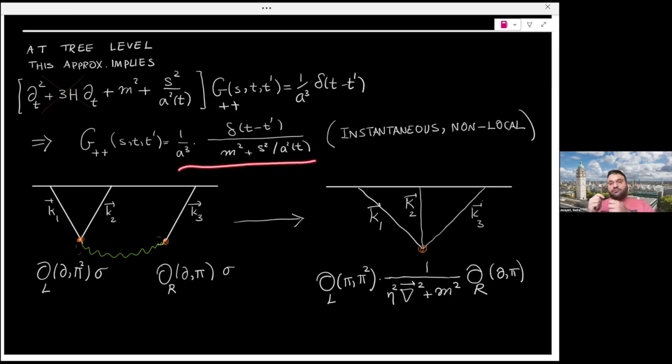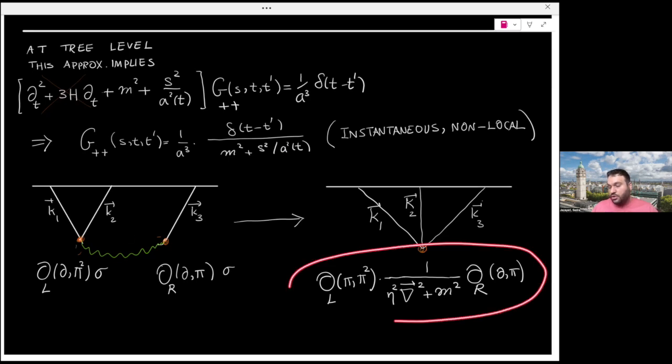So it means that the force that the heavy field is exchanging between pi's is instantaneous at leading order. Of course, the retardation effects can be captured by expanding in the time derivatives, but at leading order, this means that you start from an exchange diagram, you integrate out the field, and you end up with some non-local effective action, which I let Sebastian discuss further. Thank you.